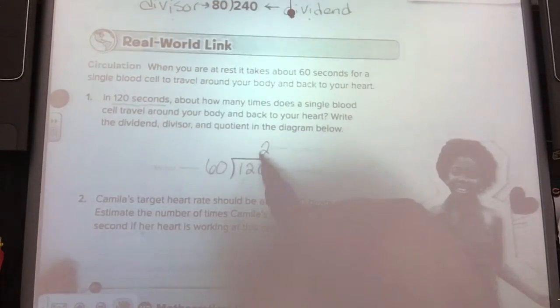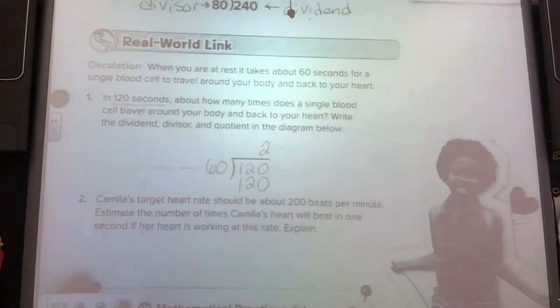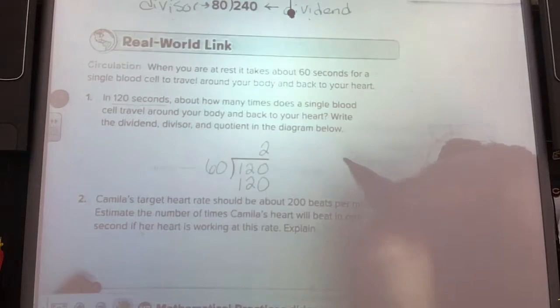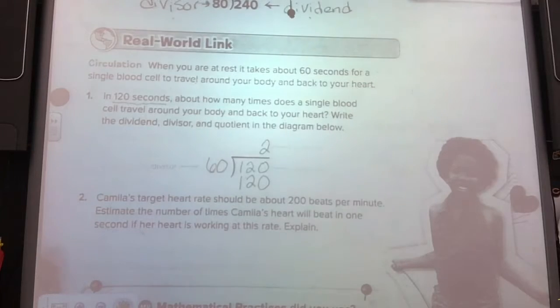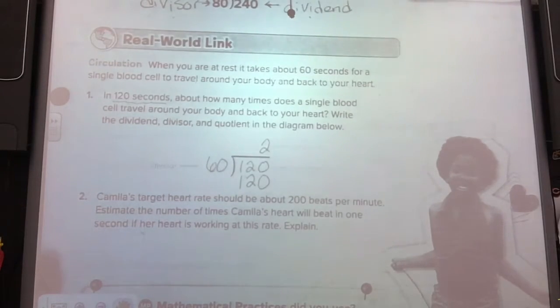And if we multiply that, 6 times 2 is 12, 120. So it takes 2 times to travel around in 120 seconds. So in 120 seconds, it travels completely around your body 2 times.